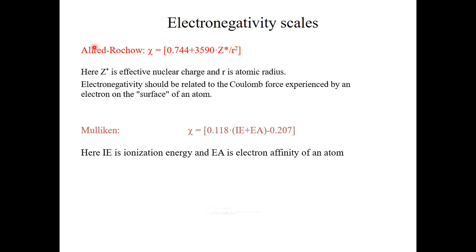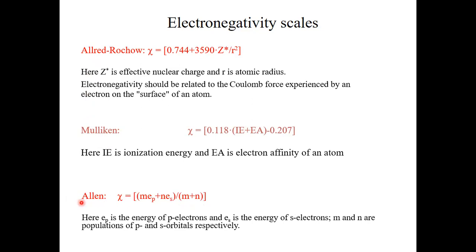The last one that I would like to discuss is that of Allen. This is not an exhaustive list. There are many more definitions, but these are probably the most common ones. It says that the electronegativity is nothing else but the energy of the p and s electrons over their number.